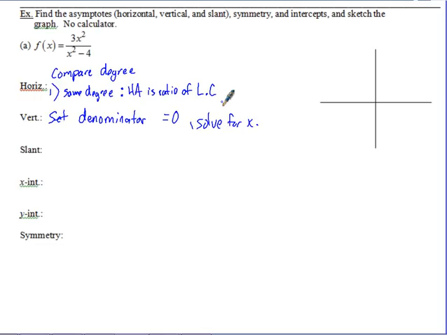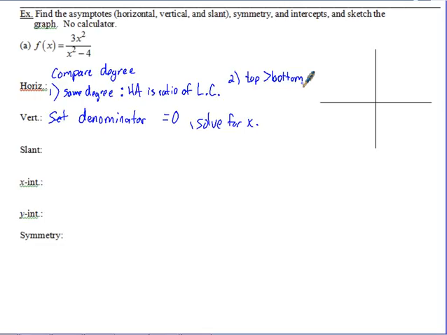All right, so what's the second thing that can happen? Well, the top could be bigger than the bottom. And again, when I'm saying top and bottom, I'm talking about the degrees, right? So if the top is bigger, does anybody remember what happens?